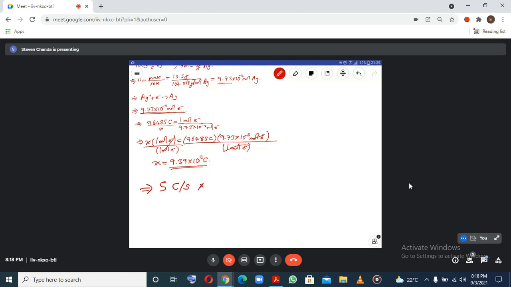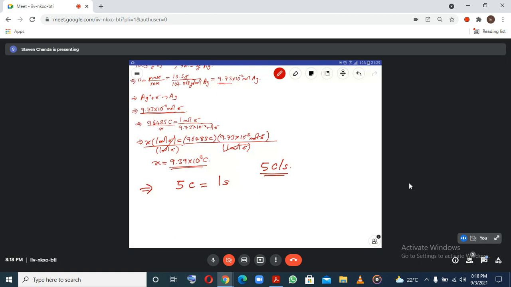Let me write this in a way that would be easier for everyone to appreciate. So 5 coulombs is being produced in 1 second, because that's what 5 coulombs per second means, isn't it? It means that 5 coulombs are being produced in 1 second.